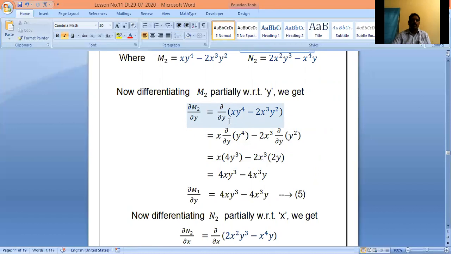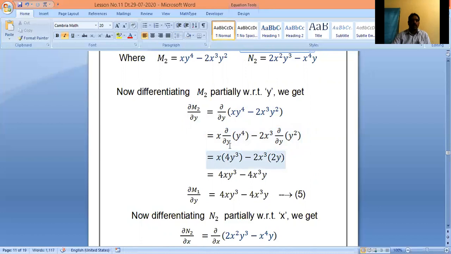In this first term, here x is constant, therefore it can be written as x into dou by dou y of y to the power of 4 minus 2x cube into, here 2x cube is constant in the second term, therefore it can be written as 2x cube into dou by dou y of y square.